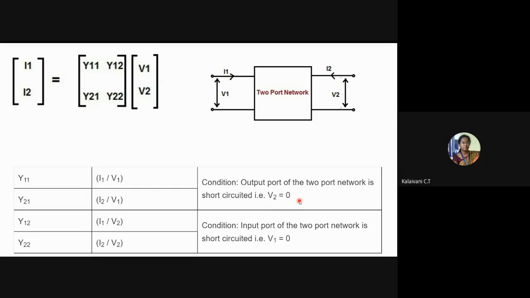This is the formula to find the Y parameters for a two-port network. Y11 is equal to I1 by V1. Y21 is equal to I2 by V1 when V2 is equal to 0. Similarly, Y12 and Y22. This is a little lengthy process.